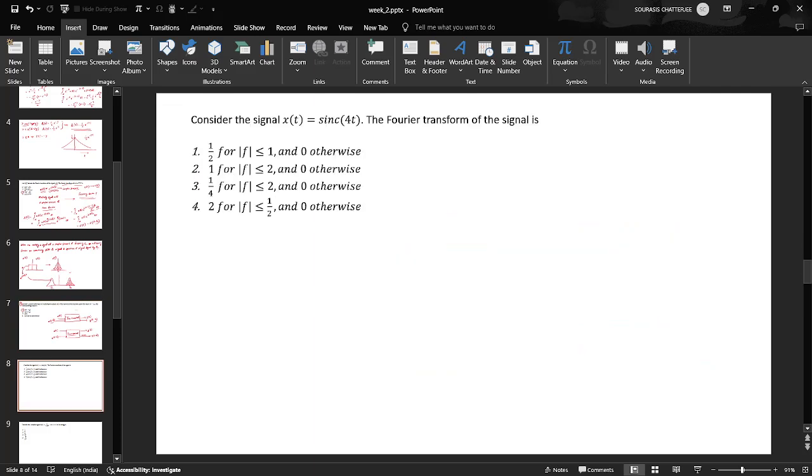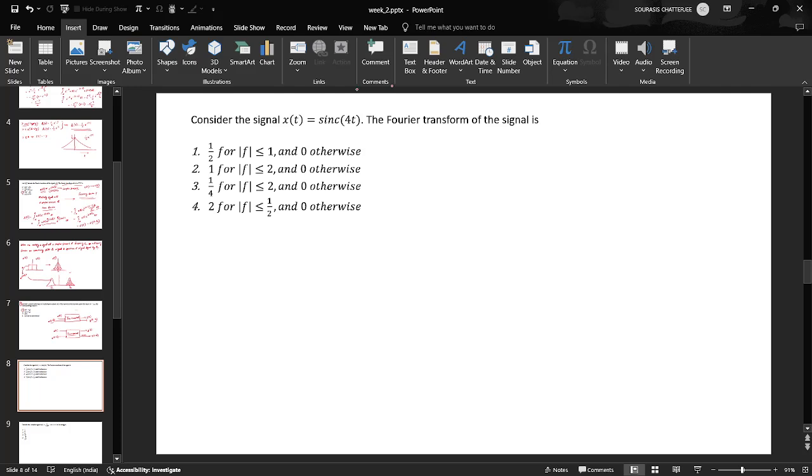So here we need to talk about, I think when you went through the lectures of week 2 and week 1 also to some extent, one kind of signal relationship between time and frequency domain has been highlighted multiple times, that is the pulse kind.